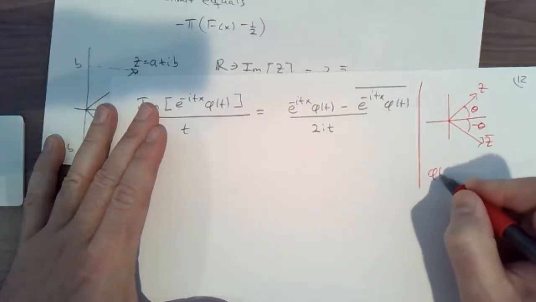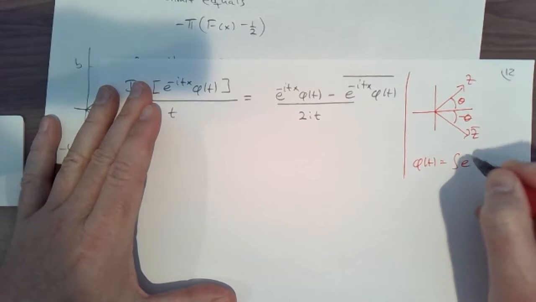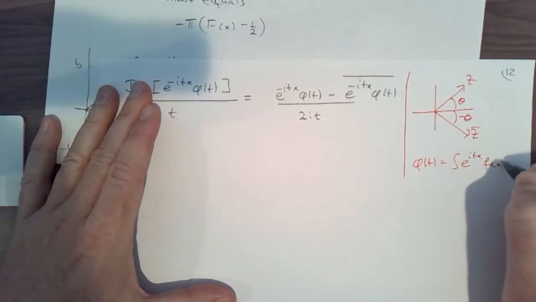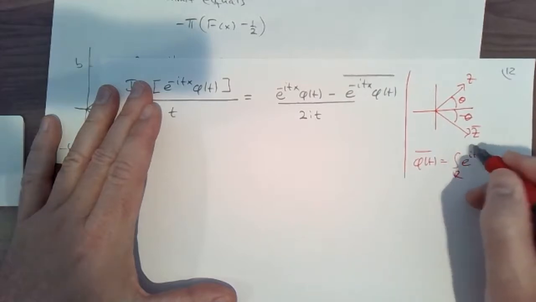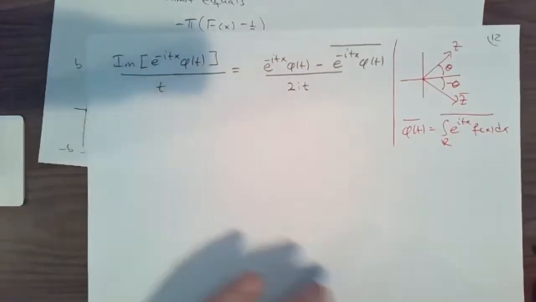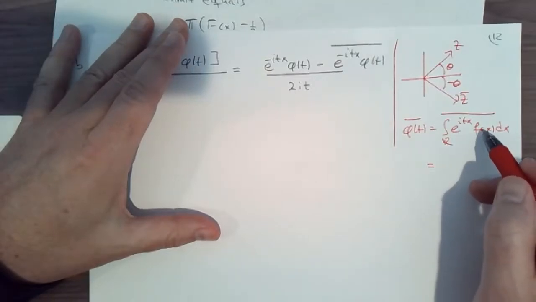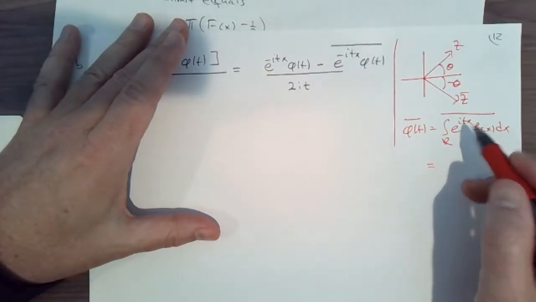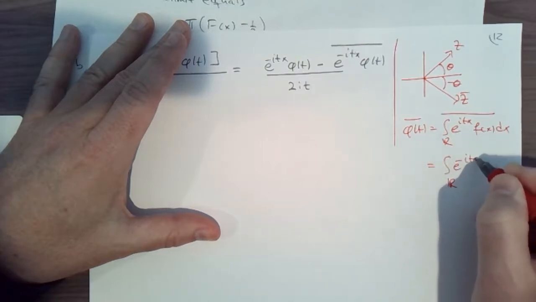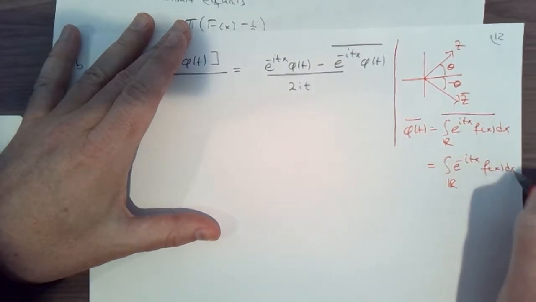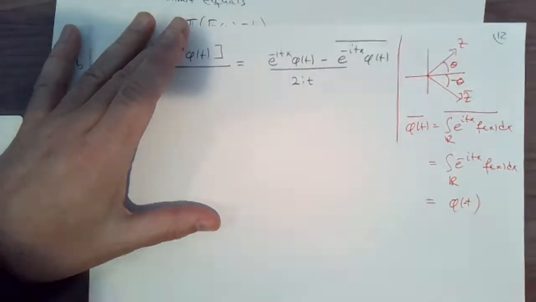What about phi(t)? Phi(t) is this integral e^(itx) f of x dx. So if I do the conjugate, and I just move the conjugate inside, f is real, so there's no conjugation there. The conjugation is going to come from minus itx f of x dx, and then that will be phi of minus t.